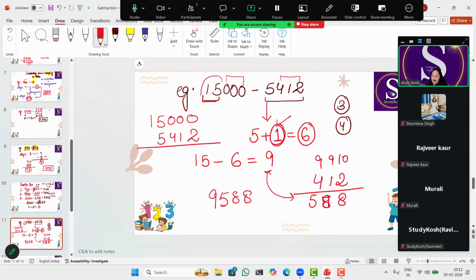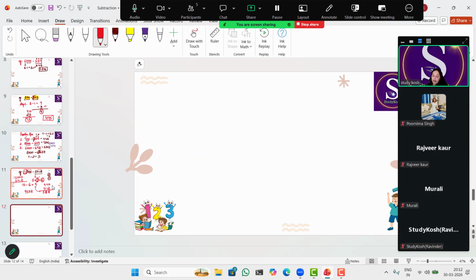But in this question, if it is like this, 12,456, in this case the number of zeros we have is 3 and the number of digits we have is 4. So what will we have to do? I need to add 1 to the first digit of my subtrahend. I got 3. I need to subtract this 3 from my minuend.